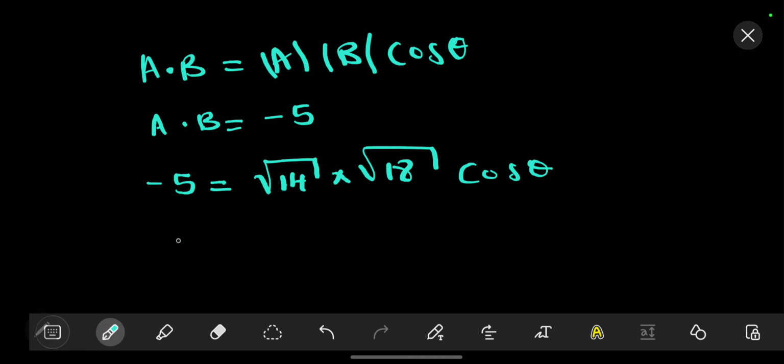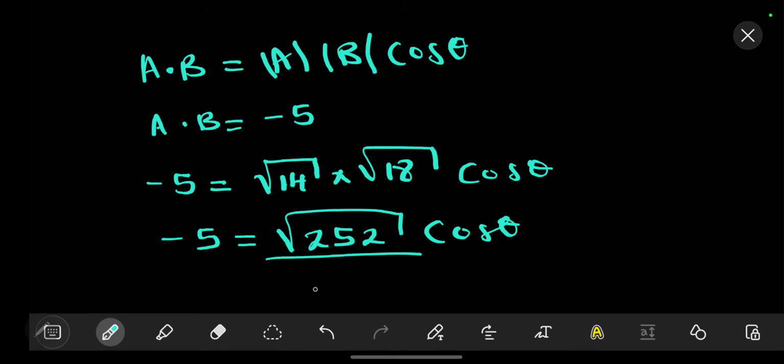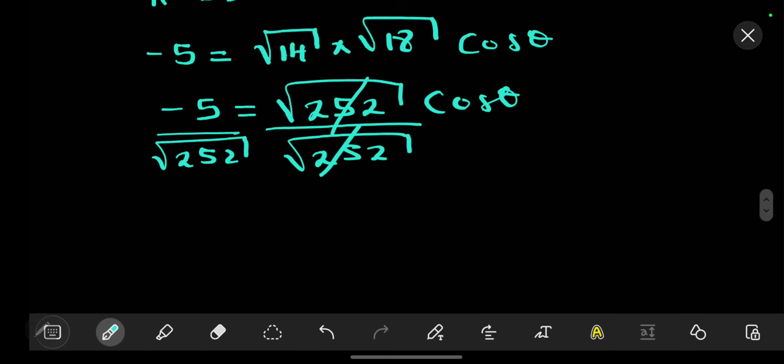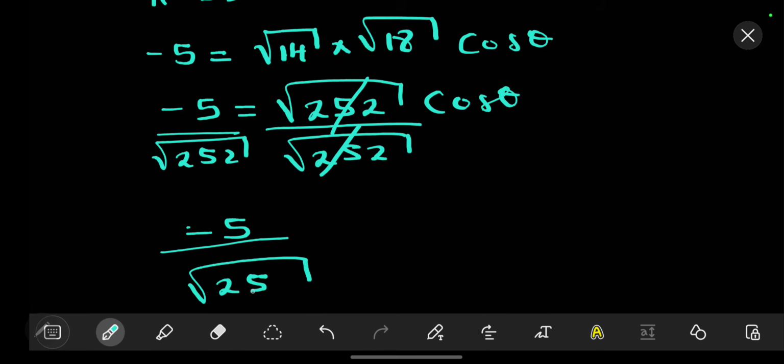Here we have the cosine of theta. So negative 5 is equal to the square root of 252 times the cosine of theta. We divide this over the square root of 252. Finding the direct answer, just pressing on our calculators directly, we have negative 5 over the square root of 252 equal to the cosine of theta.